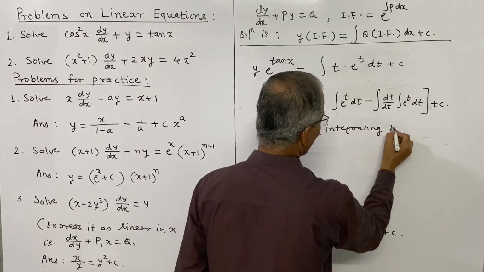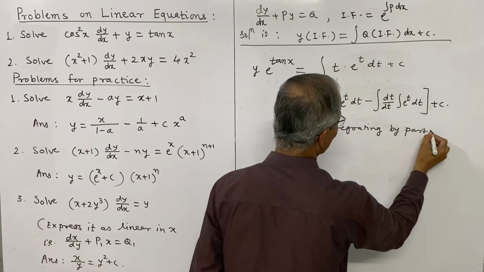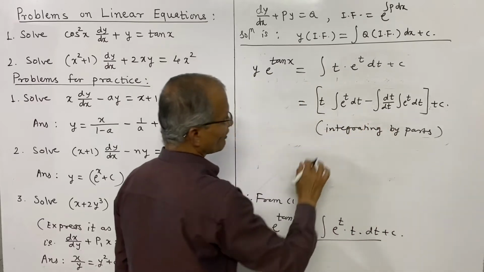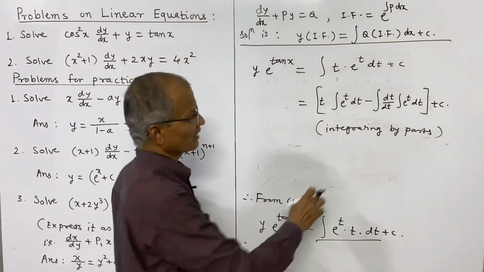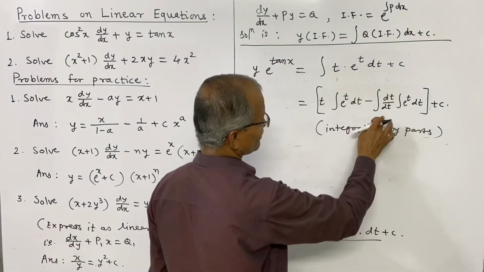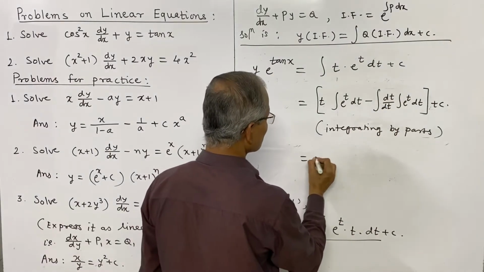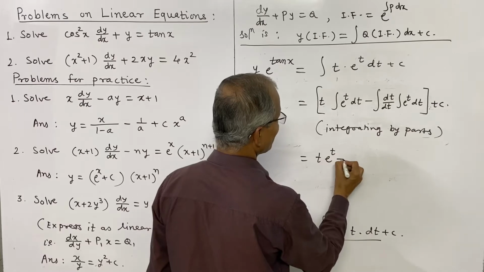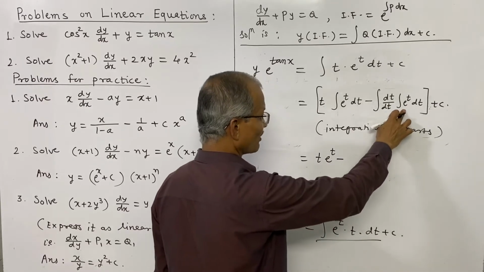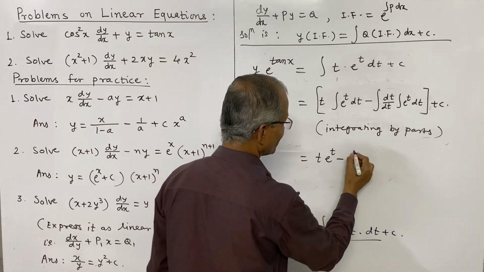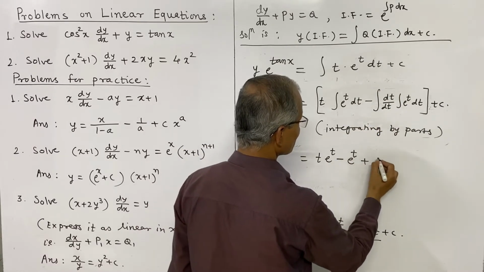Next we should write the integration of this e power t. Integration of e power t, we know it is again e power t, and derivative of this t with respect to t is 1, that is t e power t minus this is 1 into, again integration of e power t is e power t, plus c.